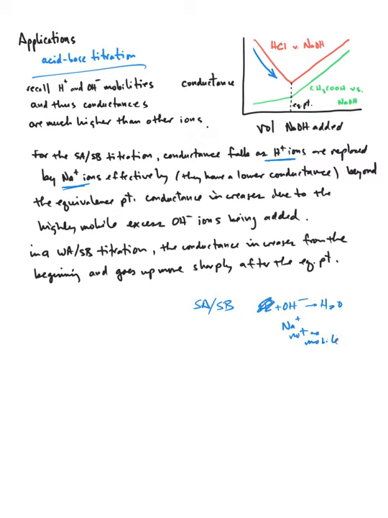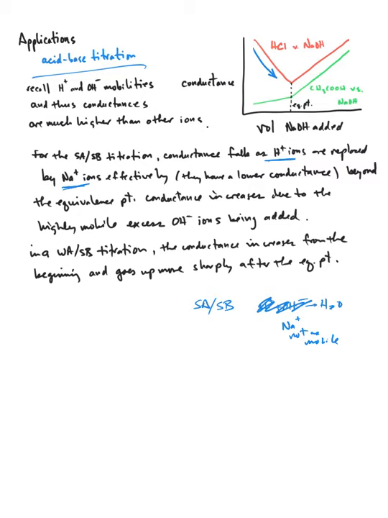For the reasons we had already said, hydrogen ions being part of the solvent, their conductance contribution is going to be much bigger. So as you're adding the sodium hydroxide, you're lowering the conductance of the solution until you reach the equivalence point.